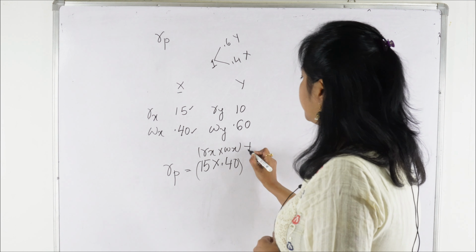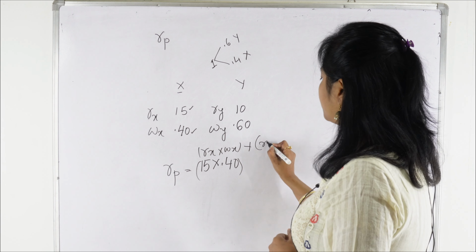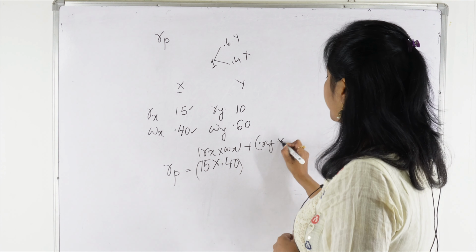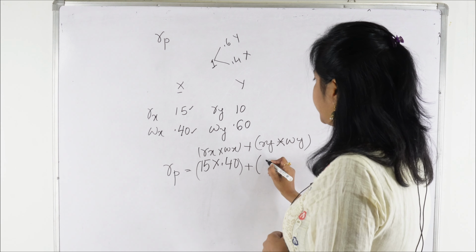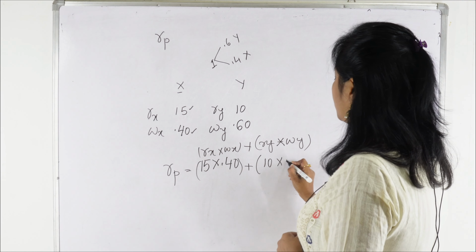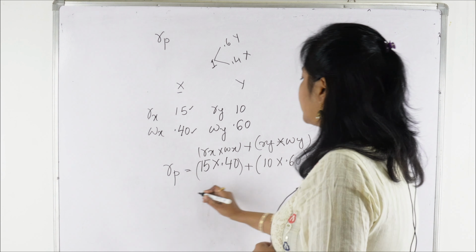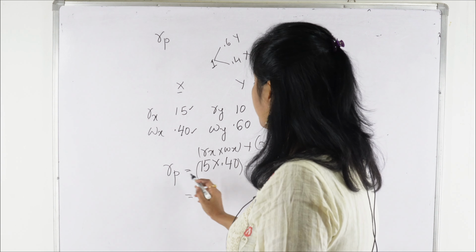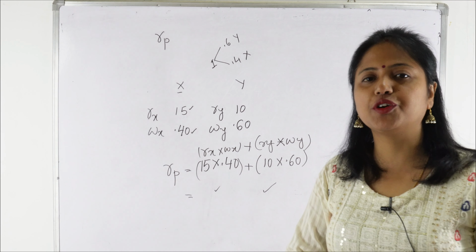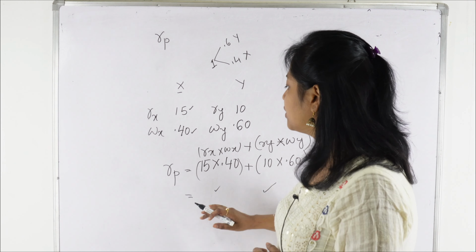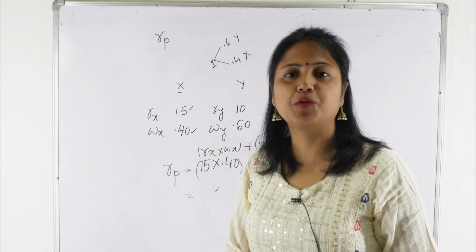Plus I will be multiplying Ry with Wy. So what is my expected return of Y, that is 10 rupees, into the weight of this. When I sum this, when I take the sum of this plus this, I get what is called the portfolio return. Right? So this is the expected return from the portfolio.